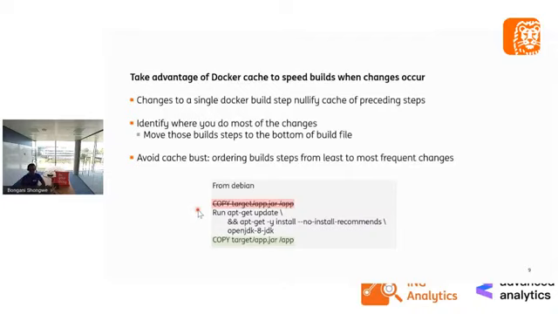In order to avoid that, if you can identify any frequently changing content, like in this case where you're doing code changes in this target file, it's best to put it at least toward the bottom. So you need to order your most frequently changing content to avoid any cache bust.